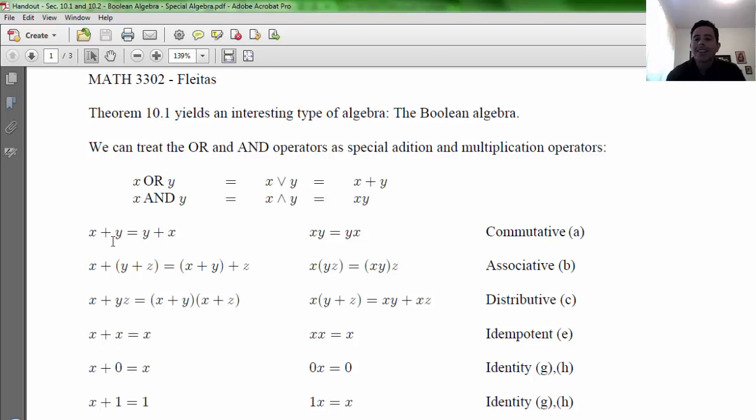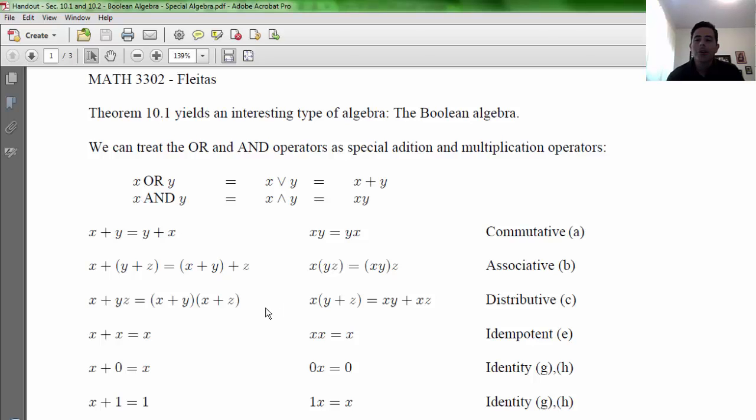That's very basic. It works for the OR and the AND gates. If you do X or Y, that's the same as Y or X. And it works for the AND gate as well. And the associative property also works fine.